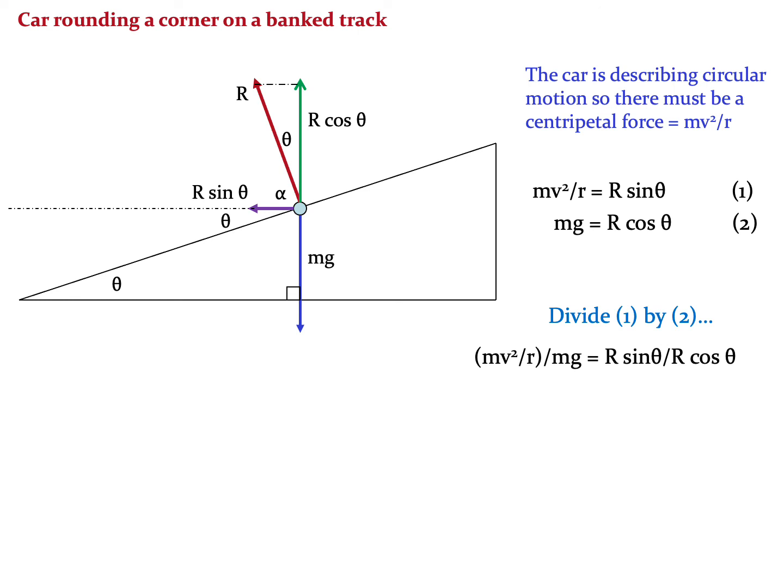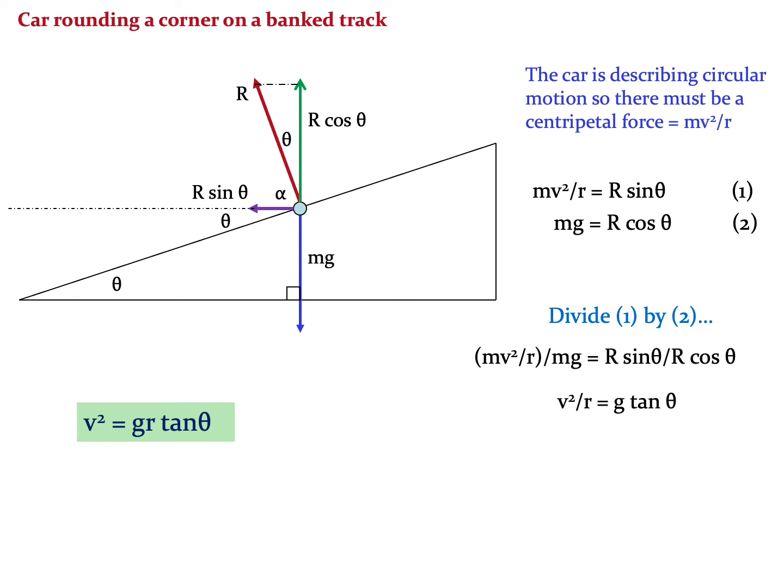And on the right-hand side, something's going to cancel: that's R. And you should know that sine divided by cos gives us tan. So we end up with a simplified expression, v squared over r, and taking the g across to the right, equals g tan theta. Rearranging that one more time, we get v squared equals g r tan theta.